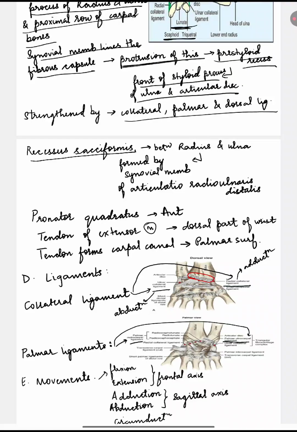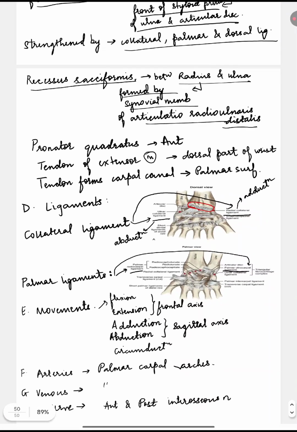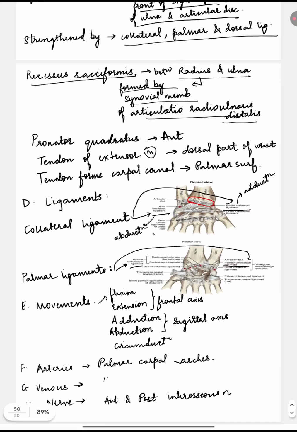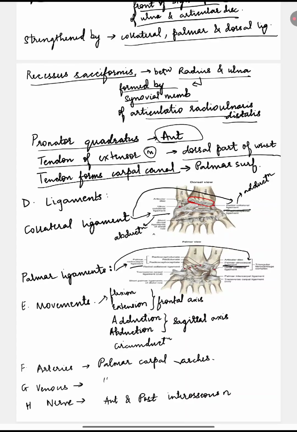There is a recessus sacciformis between radius and ulna formed by the synovial membrane of the distal radio-ulnar articulation. Now pronator quadratus muscle is situated anteriorly, and tendons of the extensor muscles are on the dorsal part of the wrist. Tendons form the carpal canal, which is on the palmar surface.